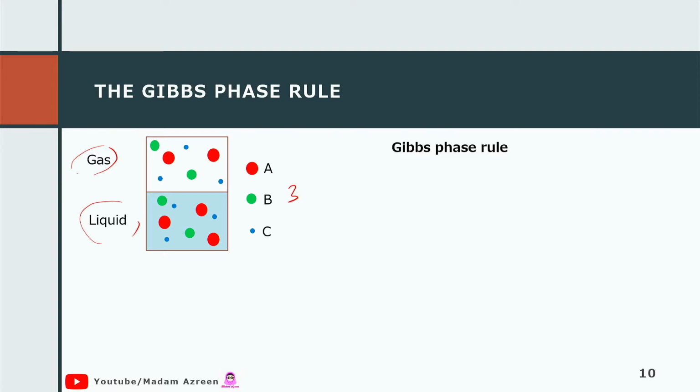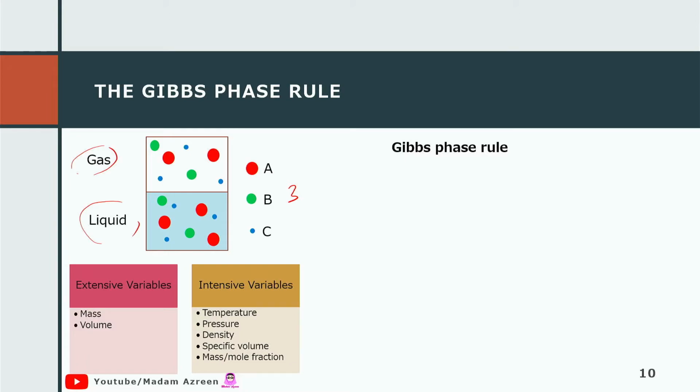To explain the system, you have to explain it in terms of the variables involved, and those variables can be divided into two categories: extensive variables and intensive variables.